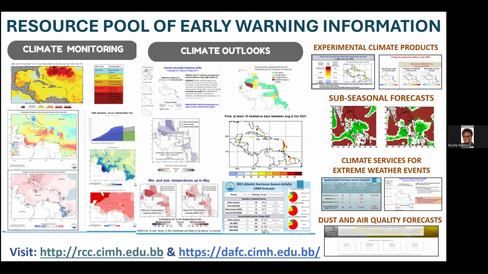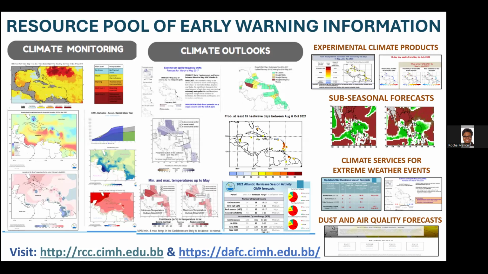Many aspects of our climate are monitored and predicted by the Caribbean Institute for Meteorology, as well as our network of Met services. We have a large resource pool of not just climate, but also dust and air quality early warning information products.